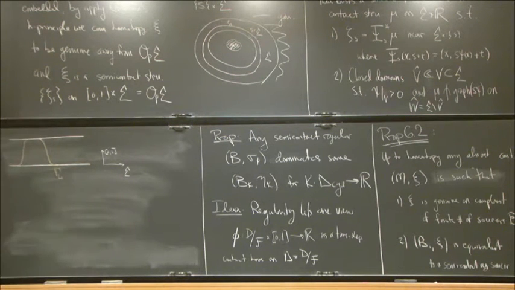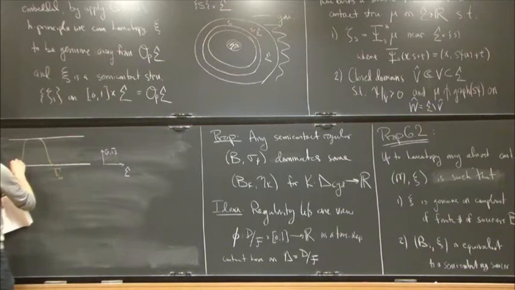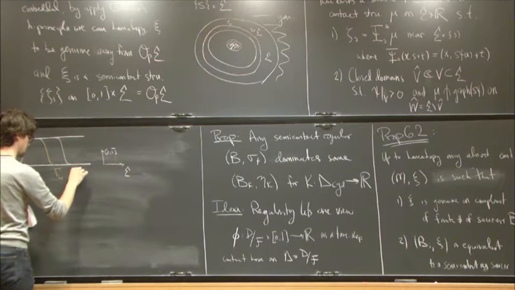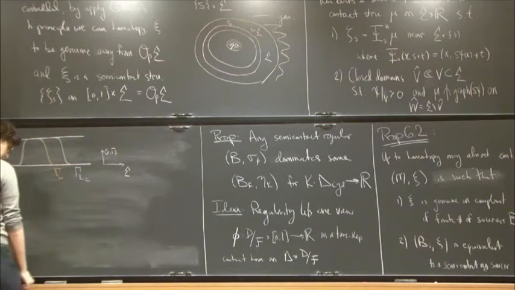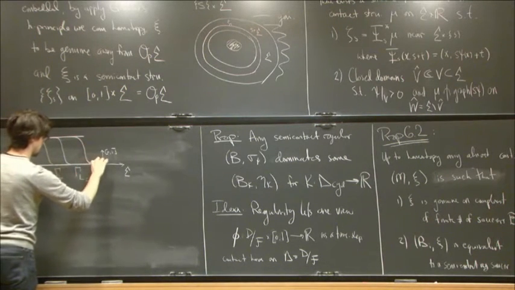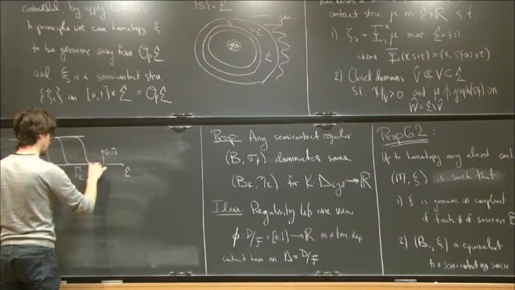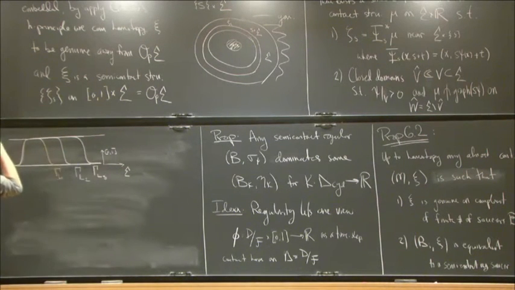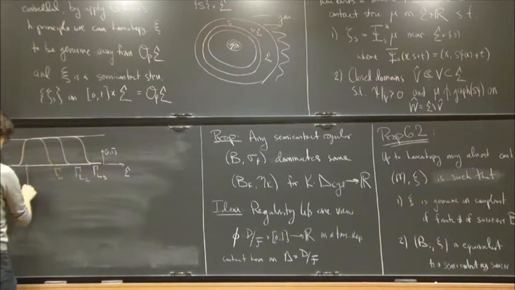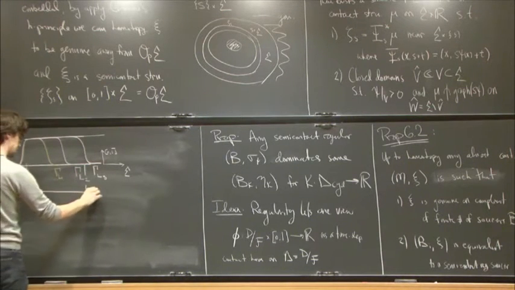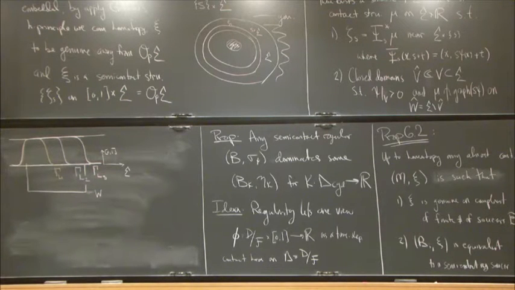Then the next subsequent one, you just add a bit more, so it's gamma L2, and you could put one more in, so this is gamma L3. Where this set is R W.